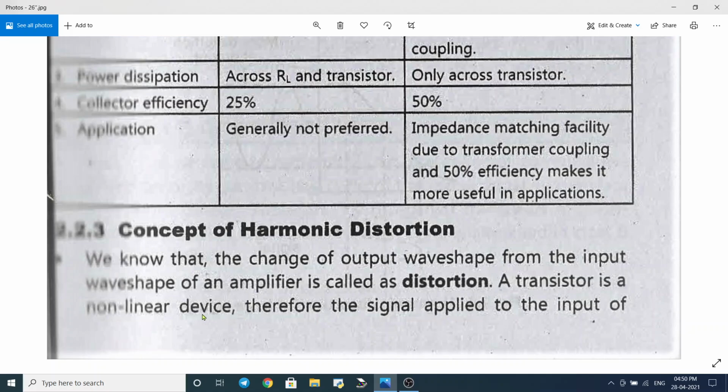That is why it does not amplify the signal of low voltage, medium voltage and high voltage equally, because its characteristic is non-linear, and this causes the distortion. This type of distortion appears in the form of harmonic frequencies. The harmonic frequencies means the frequencies which are very close to each other.